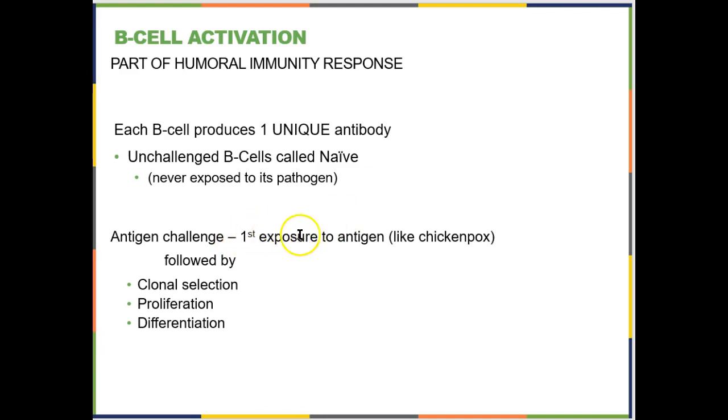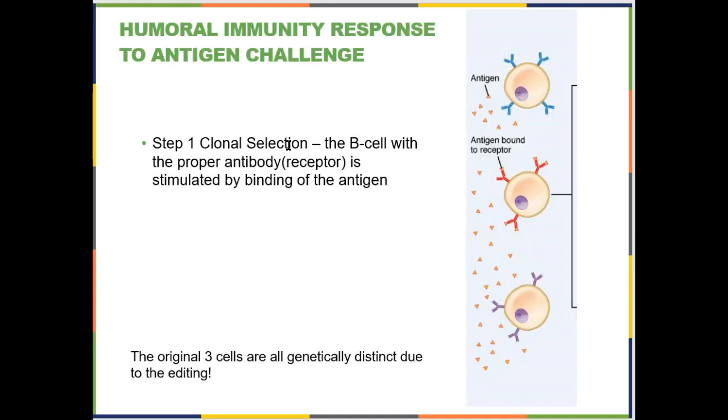So the first time you are exposed to an antigen, this is called antigen challenge, the first thing your immune system has to do is identify, among all of its unique antibodies, which ones recognize proteins that are part of that pathogen. So you have to find all of the B cells that make antibodies that can stick to different parts of your staphylococcus or your streptococcus or your coronavirus.